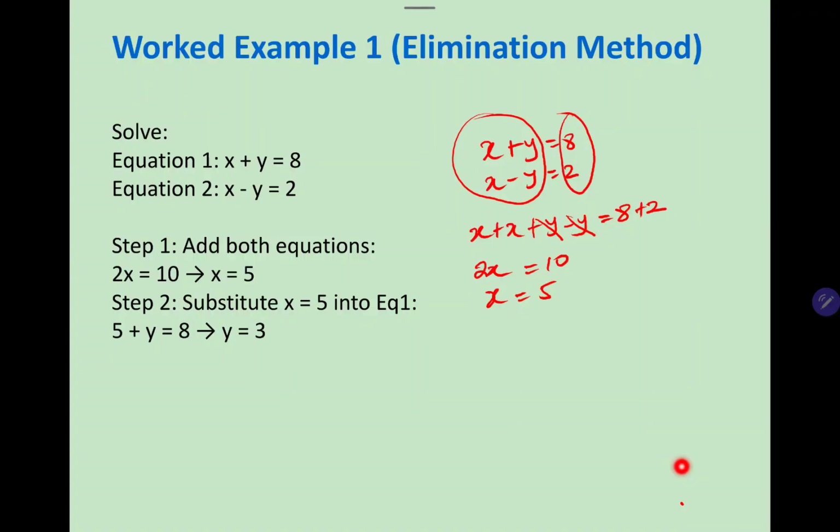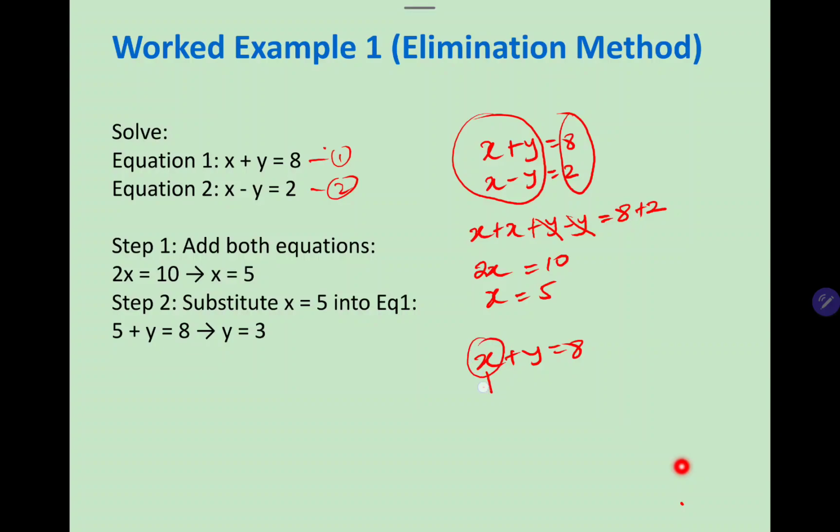All right. So this x equals 5 can be substituted in either equation 1 or equation 2, any of them. If we substitute it in equation 1, which is x plus y is equal to 8, instead of writing x here, you change the x to 5.